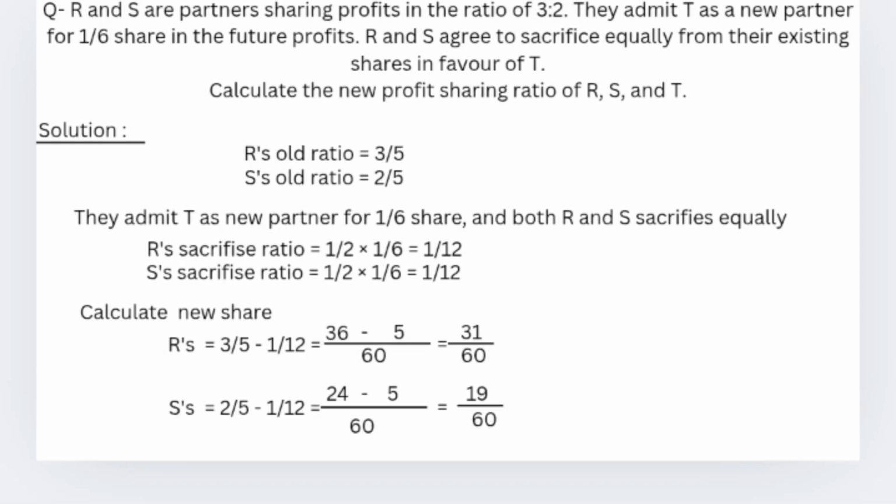So now let's move to one more part, which is calculation of new ratio, but this one is very rare because they never ask any questions. But if they ask somehow, then you can just do it. It's quite simple.